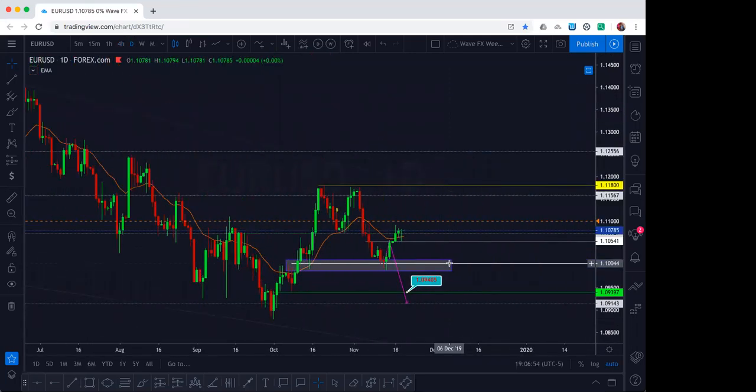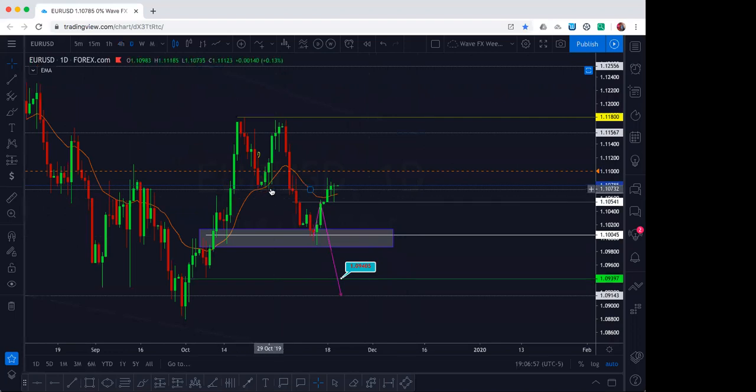So we're looking for the market to come up into the overall neckline of the daily time frame, and then from there we would be looking at a push back down into key support at around 1.0914.